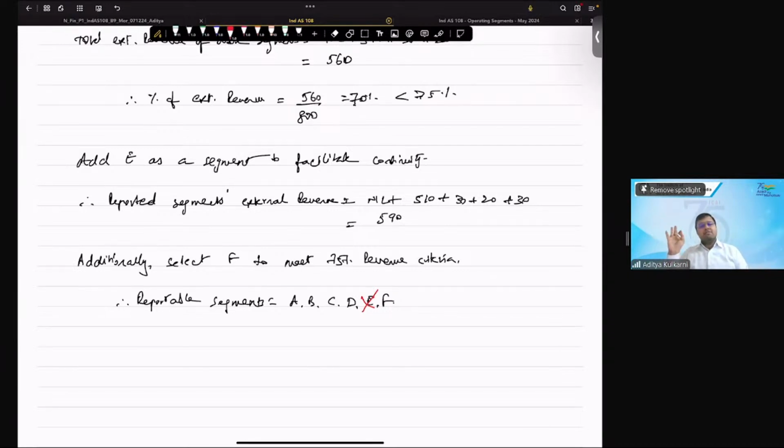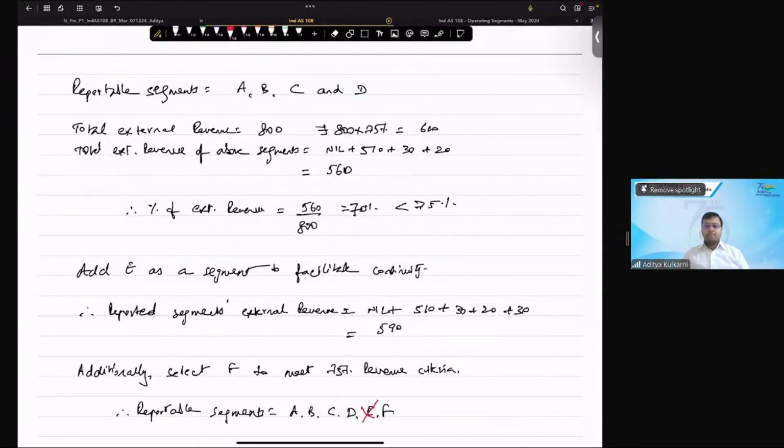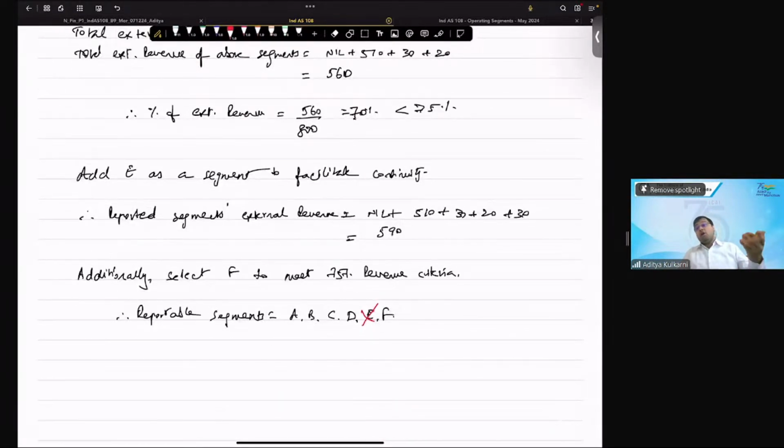F becomes a significant segment. So in that case, even if you stick to A, B, C, D, and F, you are meeting the 600 crores, 75% criteria. We bypass the continuity principle, report F and close the matter. So you will then report only 5 instead of 6 segments.